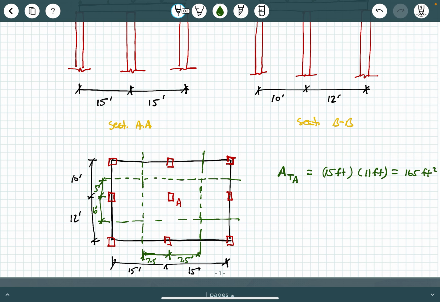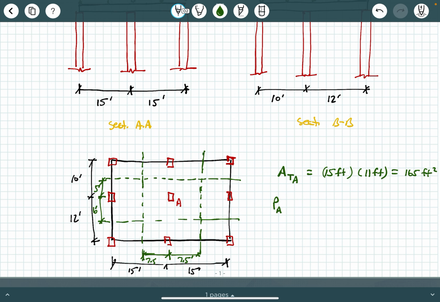Now, if you want the equivalent force that's being transmitted into this column from the portion of the 100 PSF trapped within this area, how do we do it? Well, I'm going to say P for force. We use P for force.